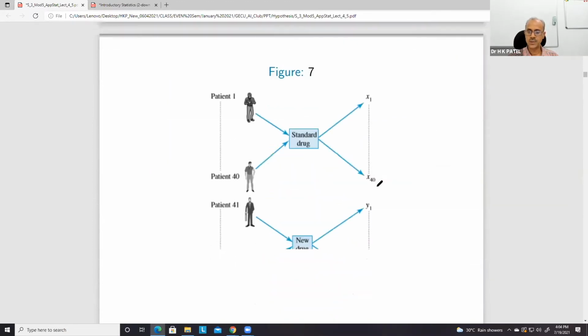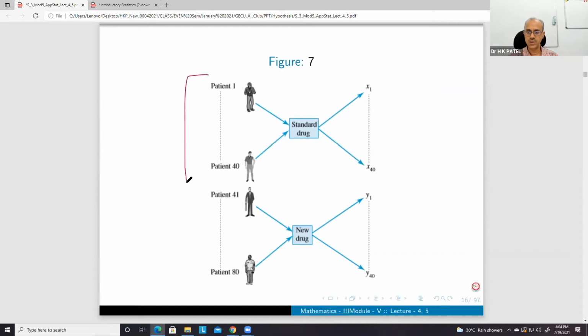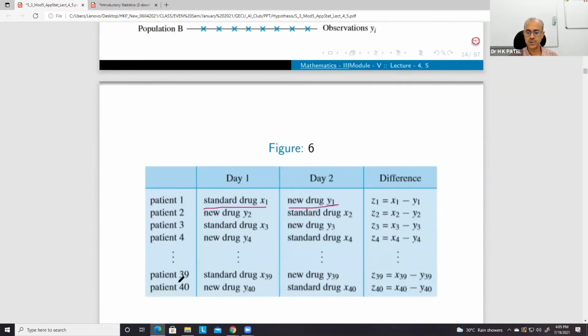But if you choose 40 patients on the standard drug and another 40 patients on the new drug, then these two samples will be independent. So here, in fact, we have to consider 80 patients, but in the paired case we have only 40 patients.